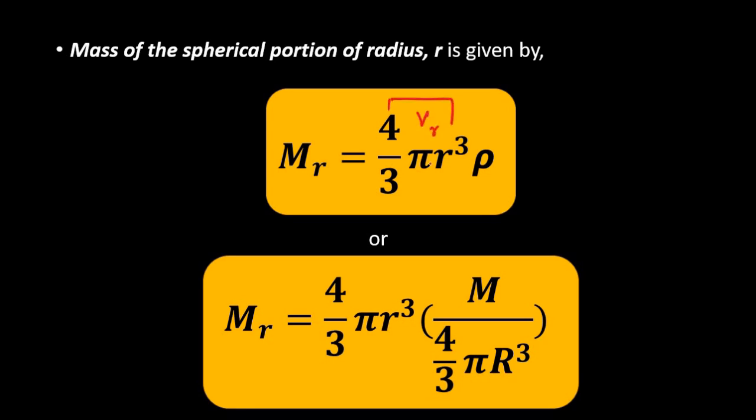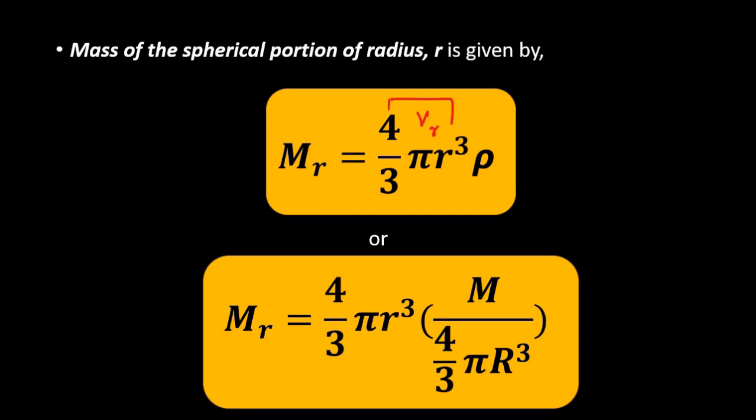Since we are considering that Earth is a homogeneous mass distribution sphere, density will remain uniform throughout.